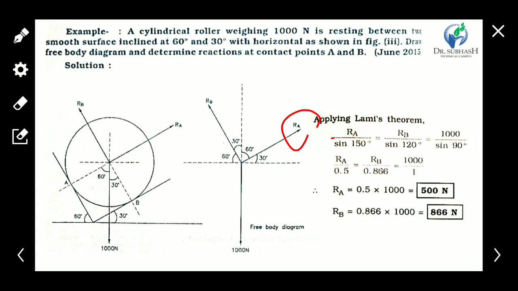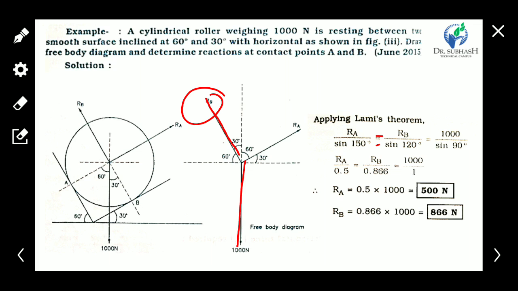So RA upon sine of the angle between the other two forces. What is the angle between the other two forces? 60 plus 90 is 150. So the sine of the angle between the two forces is sin 150 degrees. So RA upon sin 150 degrees is equal to the other force, RB.